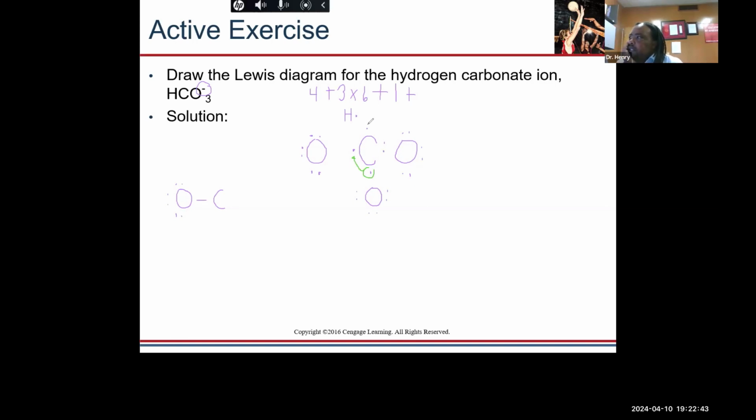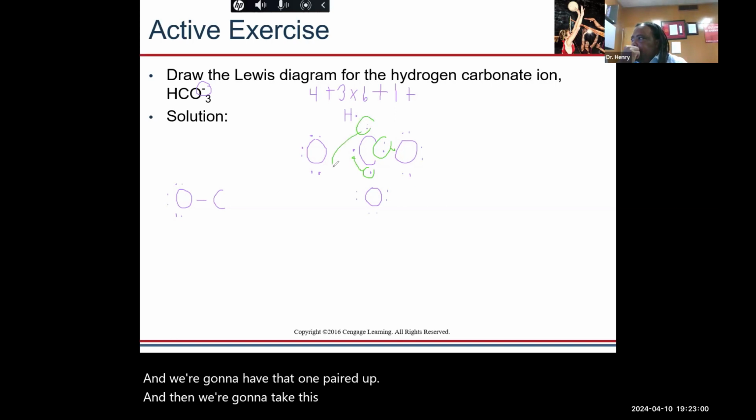We're going to take this electron here. Those 2 electrons there. And we're going to have that one paired up. And then we're going to take this electron down here, bring it over here.